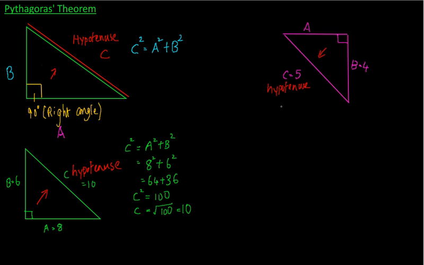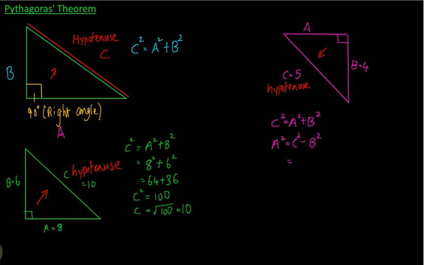So we know how to find this. I can write this as hypotenuse square is equal to the squares of the other two sides. So that is C square is equal to A square plus B square. Now I can rearrange this equation to find A square. So I can write this as A square equals C square minus B square.